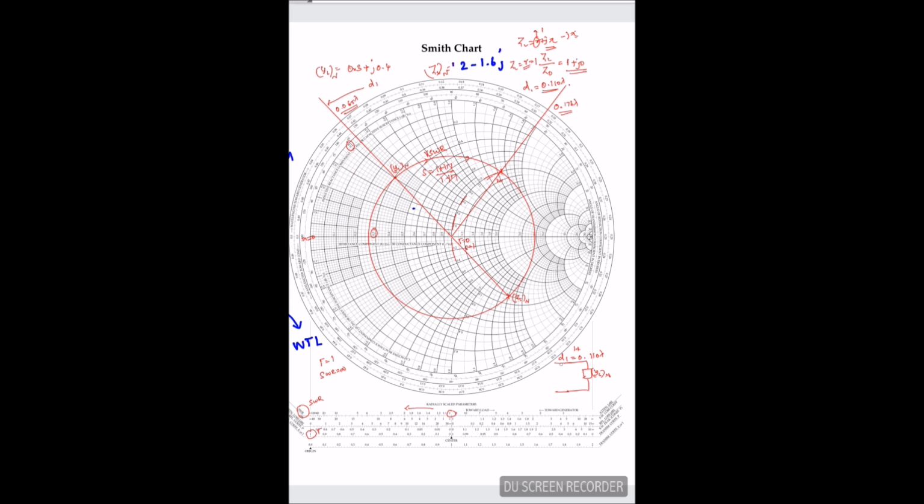Once I know the distance, I can connect the stub of length L1, so I can cancel out the imaginary part of the load admittance. Now if I move from here to here, my conductance or R becomes 1, meaning this y1 now becomes 1, that is y1 in the form of G plus jB.